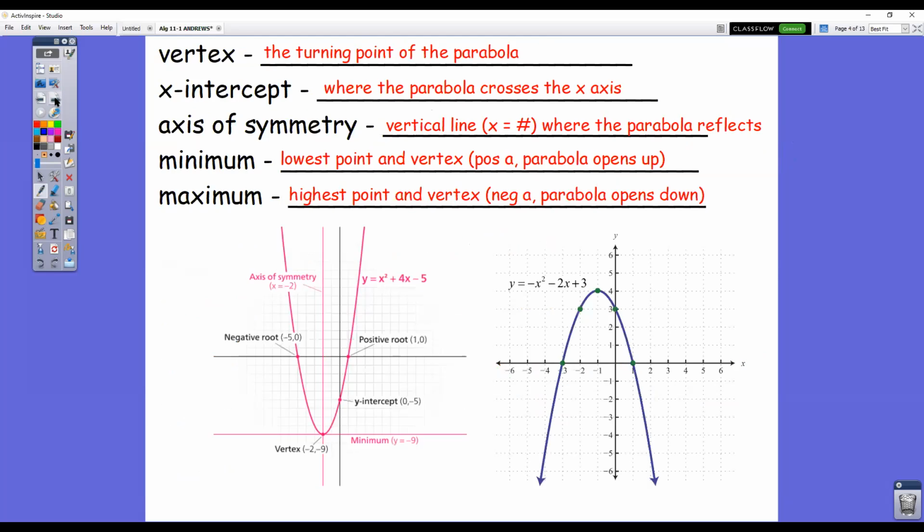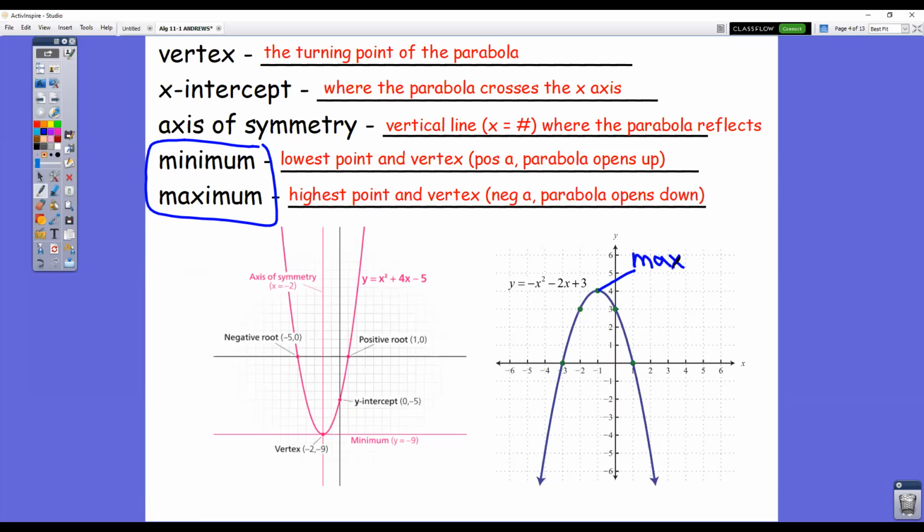So these are graphs that we're going to be dealing with. We will deal with maximum and minimum. Your maximum is your highest value. This point right here, and for those of you in class, please label this. This is your maximum. Your maximum is your highest point in your graph.